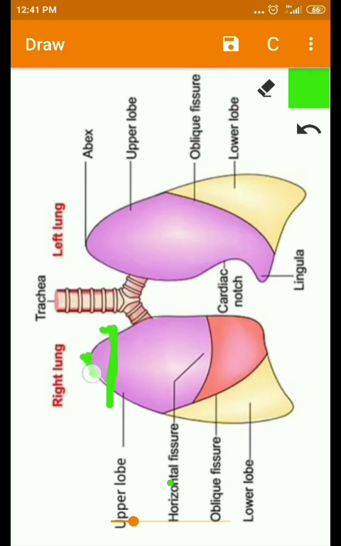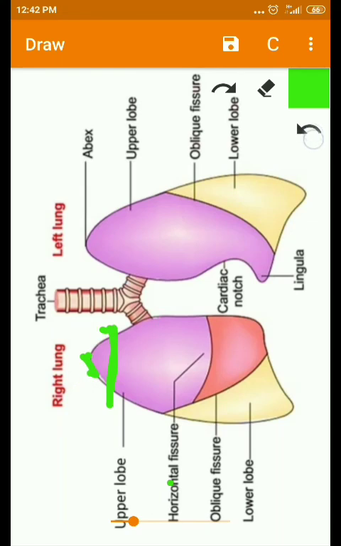And this apex is covered by the cervical pleura, and over this it is covered by the suprapleural membrane. Okay, and this is the superior aspect of the apex relations.